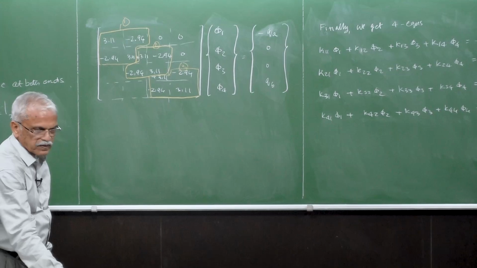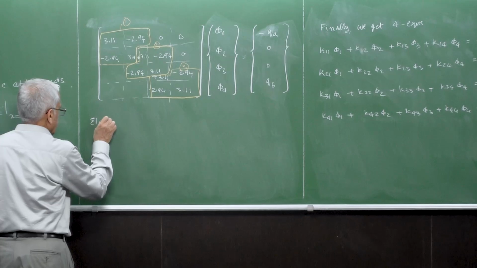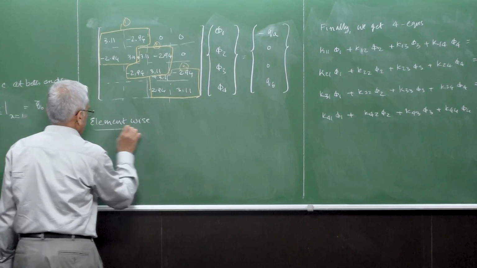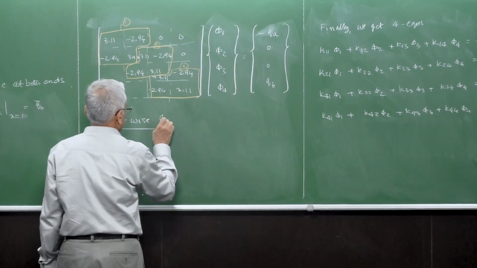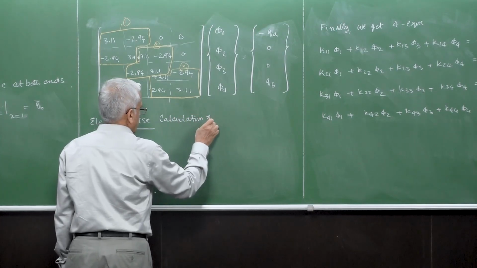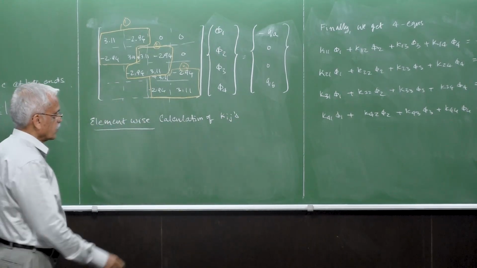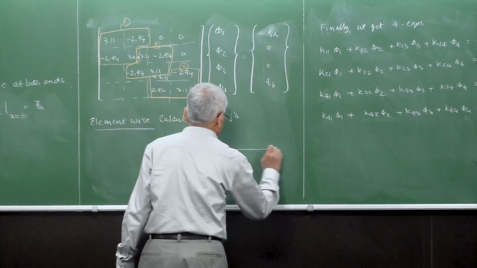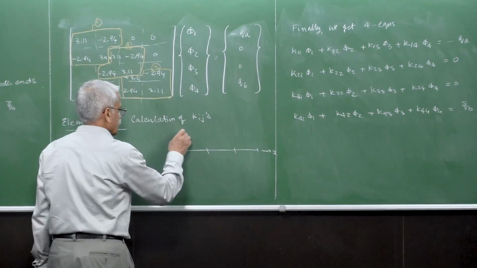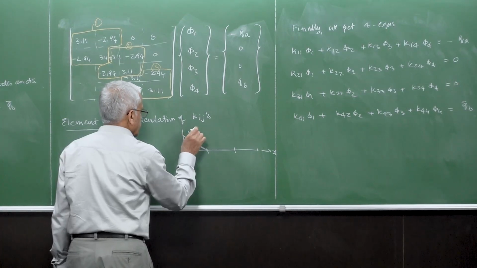So essentially what we need to do is an element-wise calculation of Aij's and assemble it. So what we mean by that is, this is very important for us. This is N1.